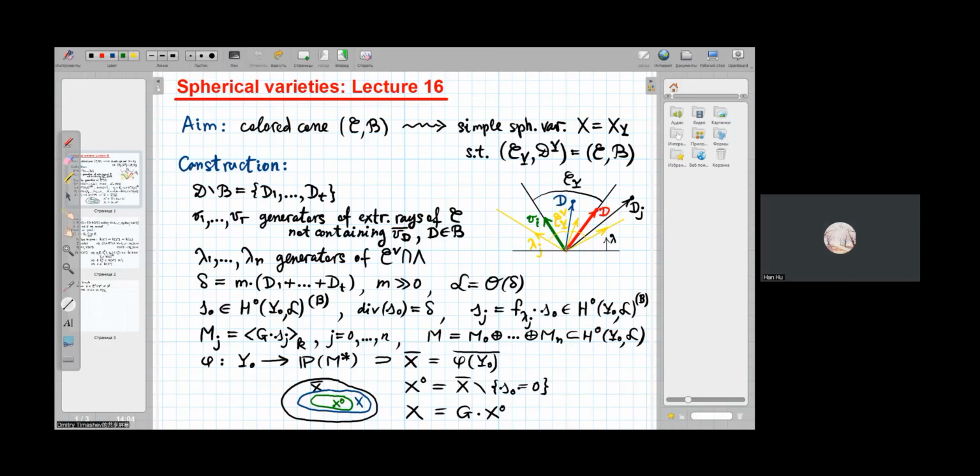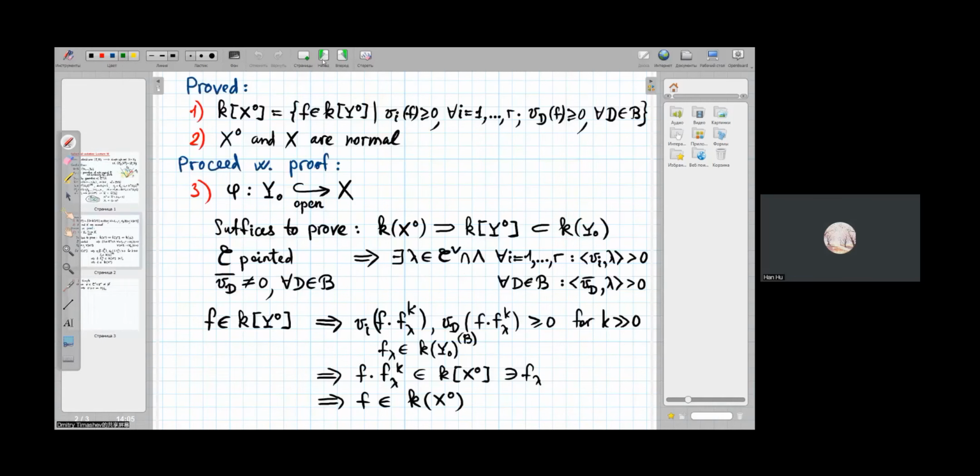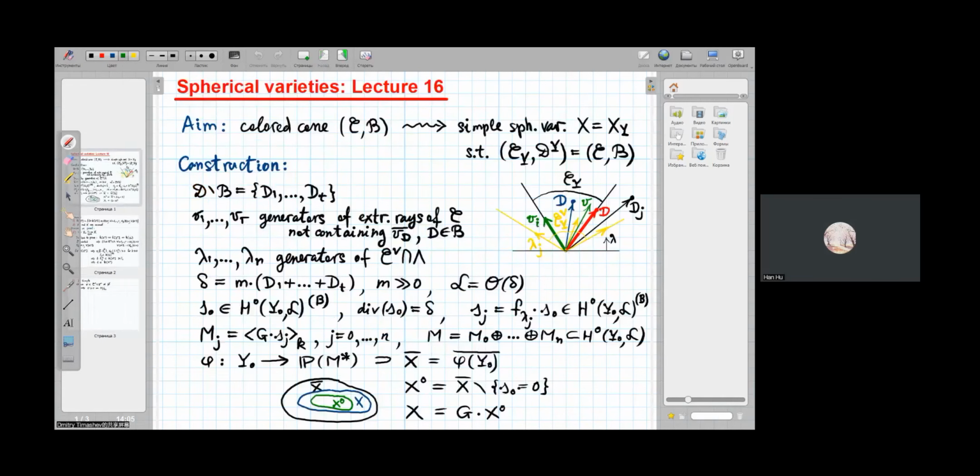For instance, let this guy be my V. Okay, this V sitting in the interior of the cone C and in the evaluation cone at the same time. So this guy will be my V.